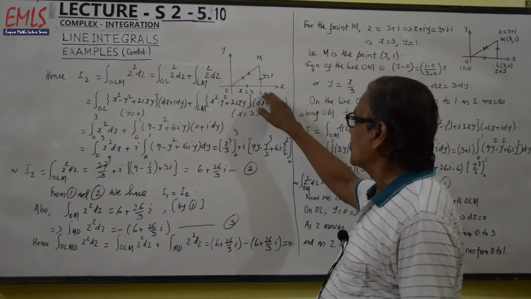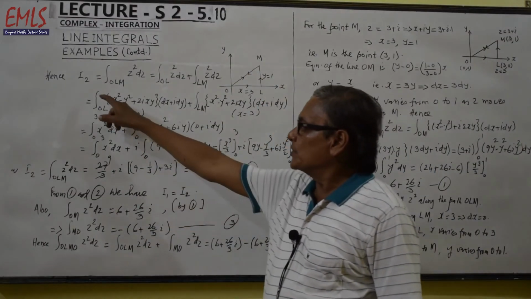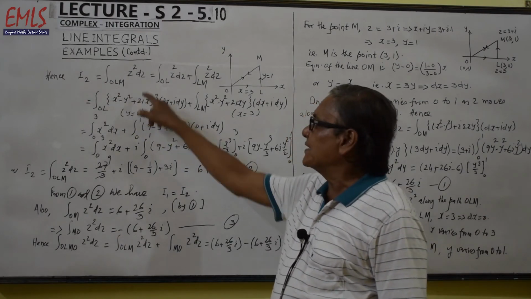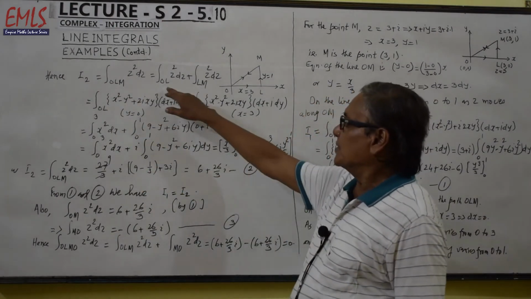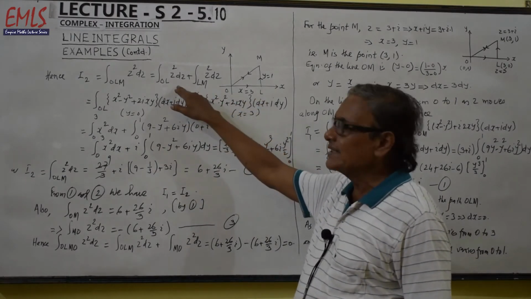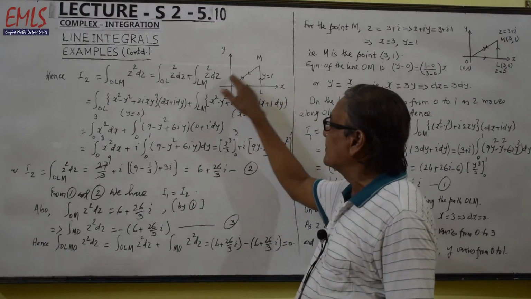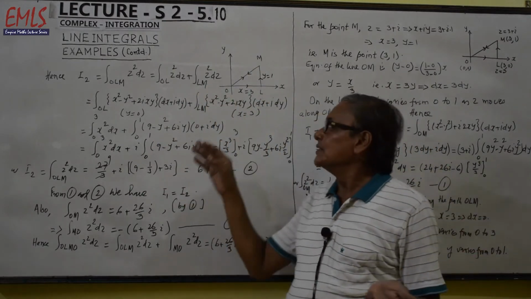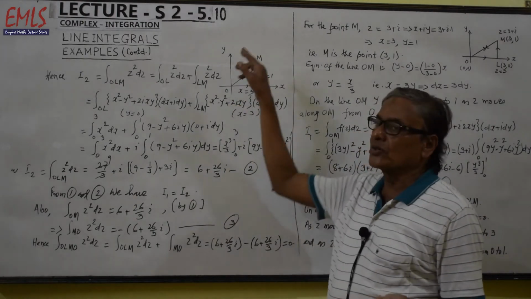Suppose I2 is the integral along OLM of z squared dz. This will be equal to the integral along OL of z squared dz plus the integral along LM of z squared dz. We have distributed it into two parts, along OL and then along LM.